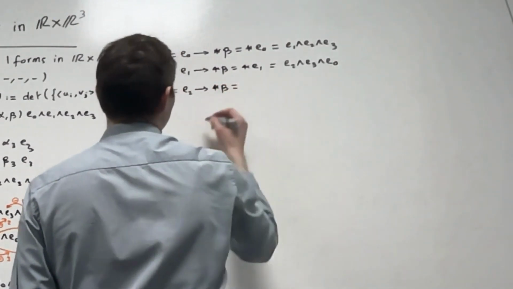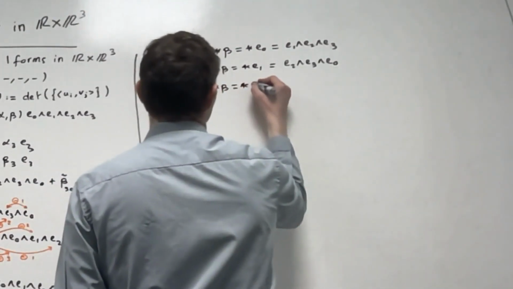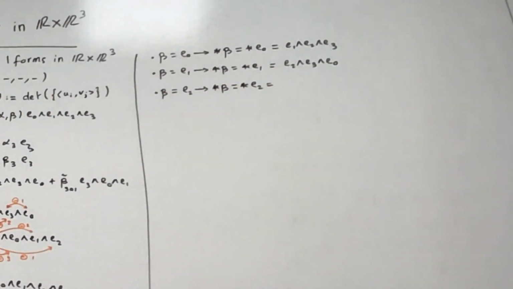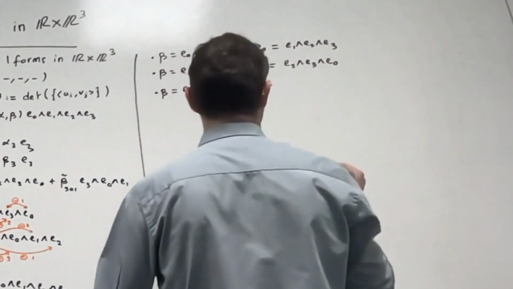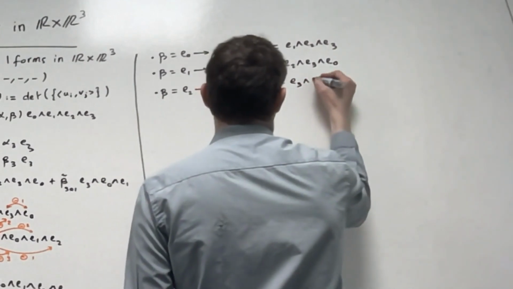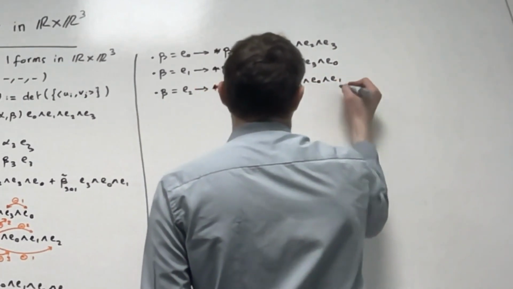Then if beta is equal to E2, then the corresponding Hodge dual is, in that particular case, we have beta 2, so that's going to be minus, because there is a minus sign here, so that's minus E3, E0, E1.